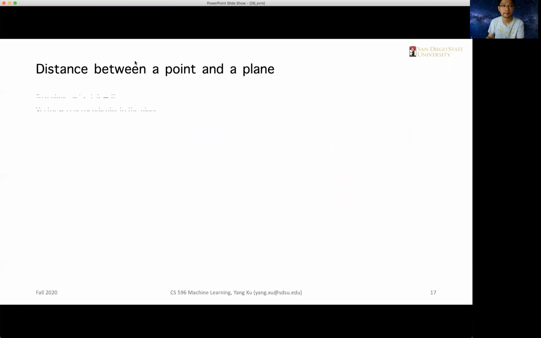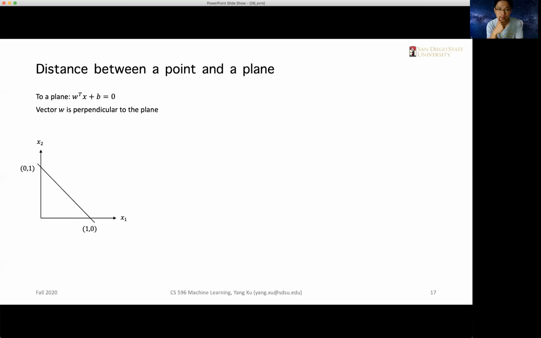Okay, we'll first use a 2D space to demonstrate. So if a plane looks like this, and if we plot it in a 2D space, then we know that the vector w, remember that w and x are all vectors, has its own direction, and w should be perpendicular to the plane.